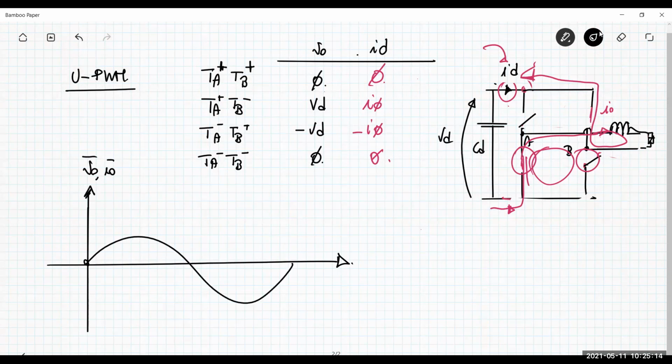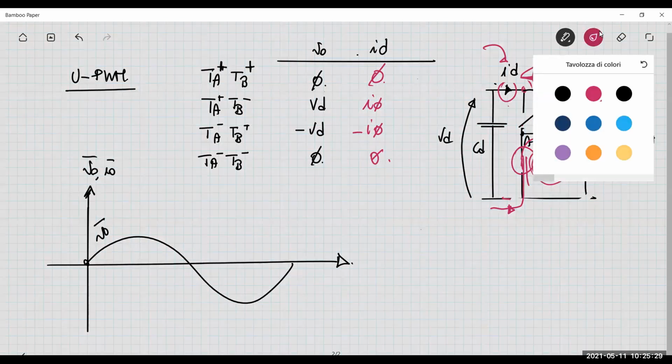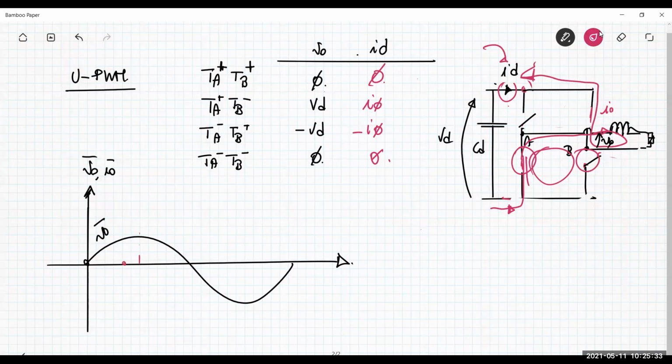This is V naught averaged, so this is the fundamental component of the output voltage, something that you can obtain after filtering the voltage V naught appearing here. And since the load typically is an inductive ohmic load, the current lags the voltage. This is the current I naught averaged.